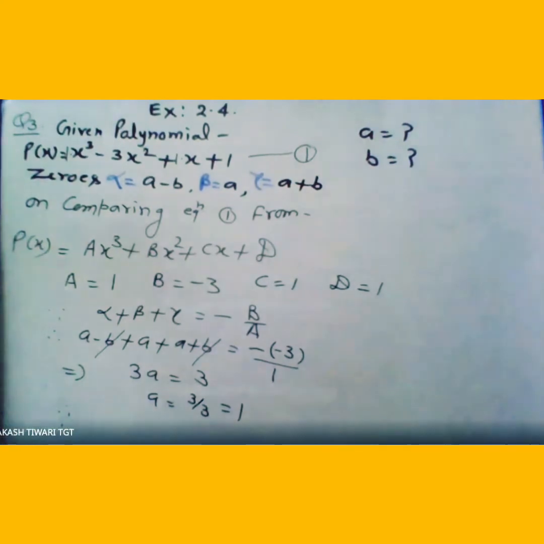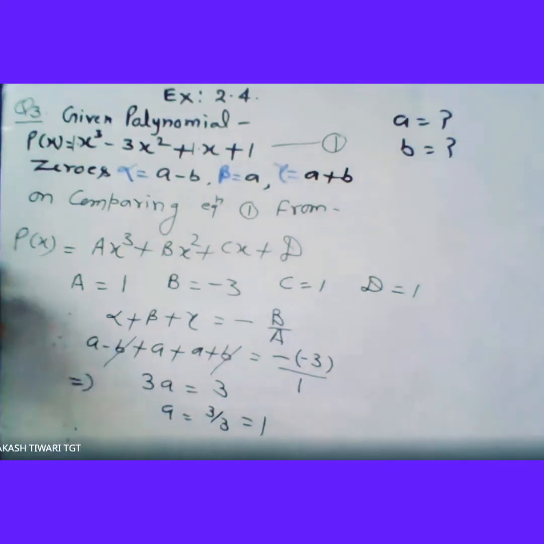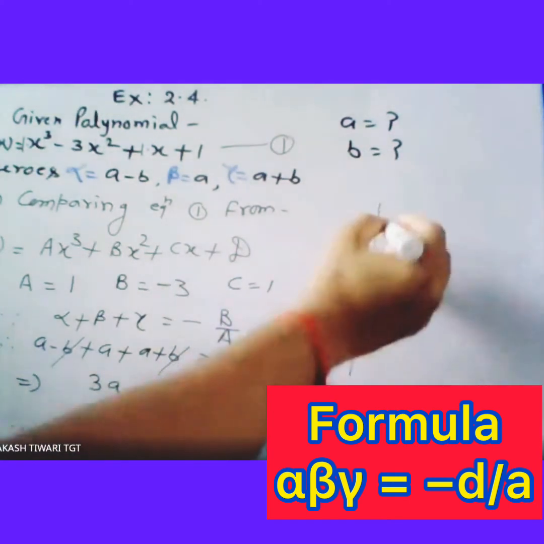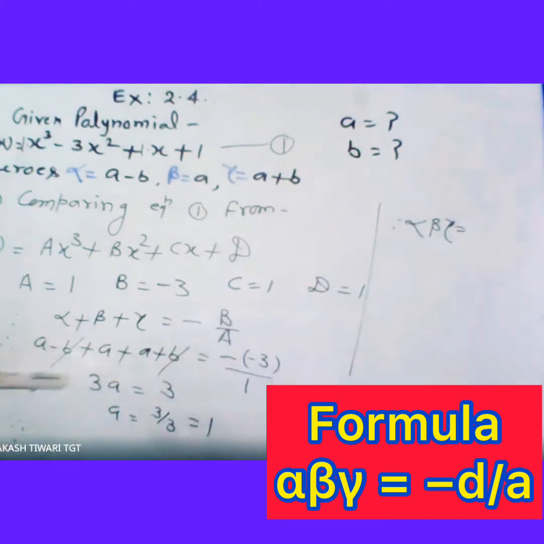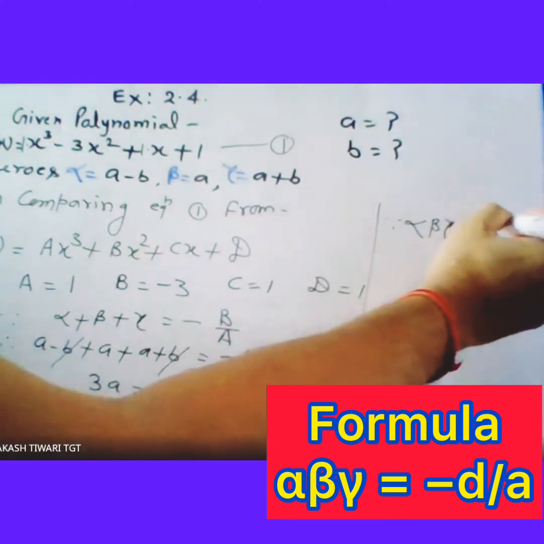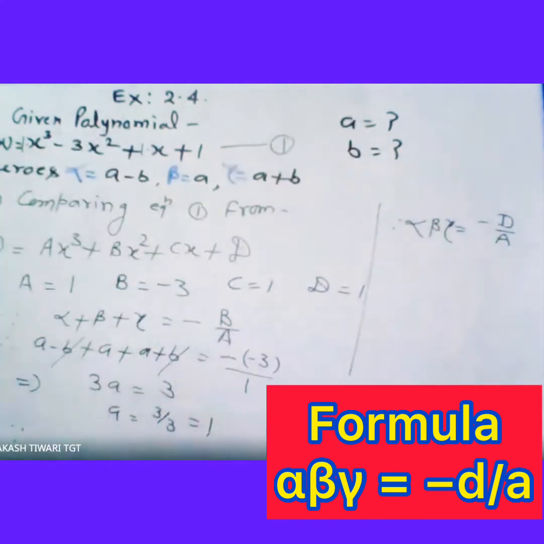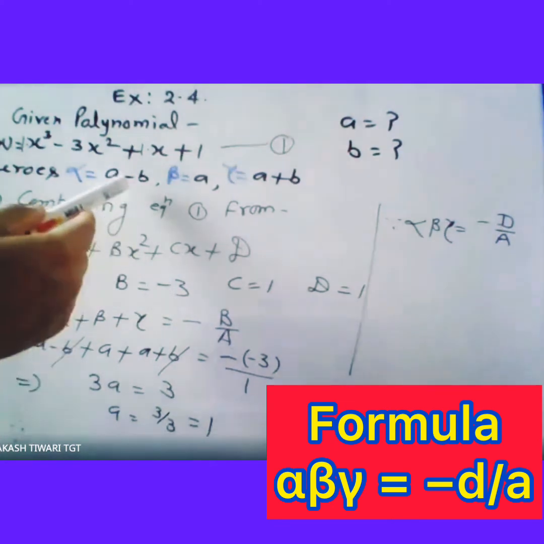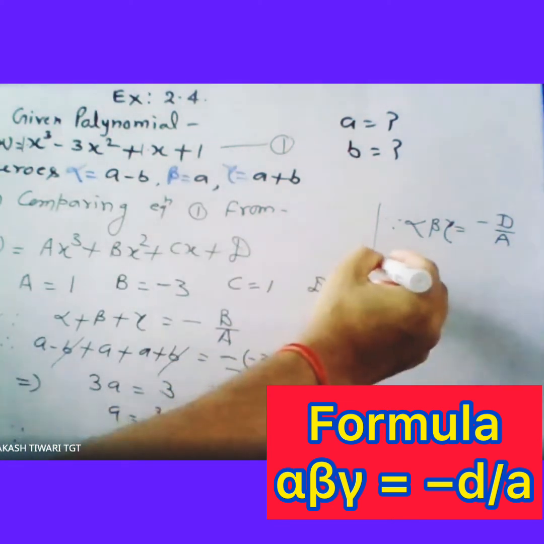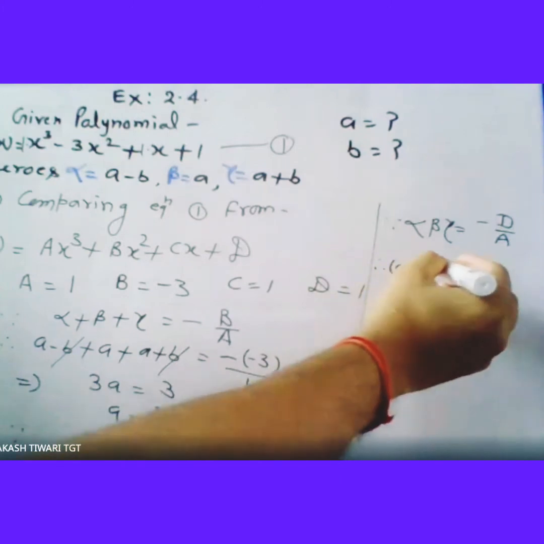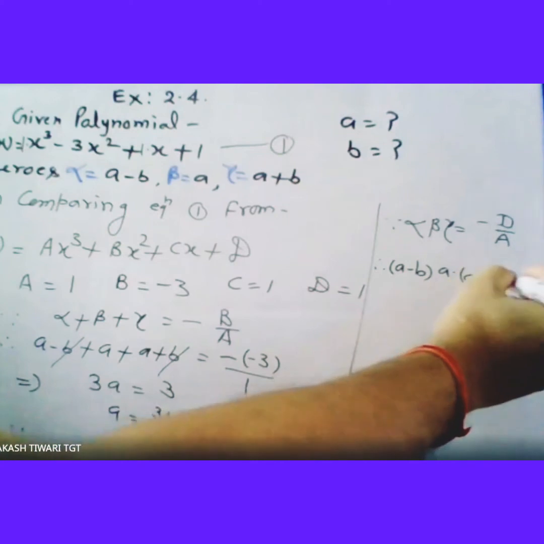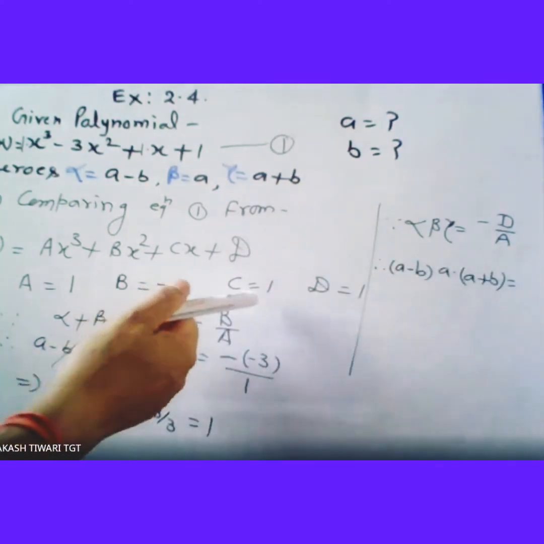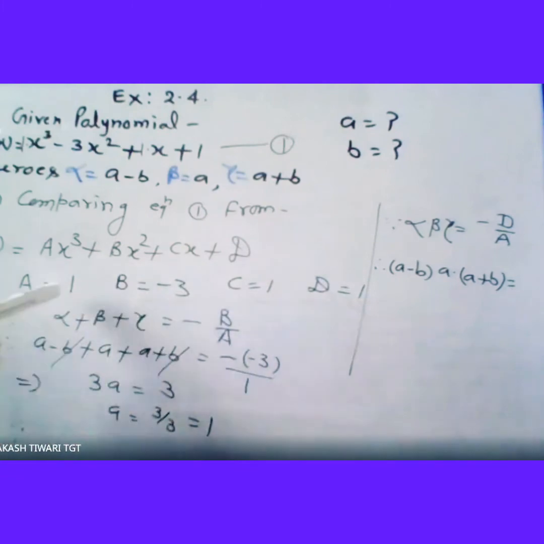Since alpha, beta, gamma equal to, you know, minus D upon A, capital D upon capital A. So now again put the value, that is alpha is A minus B, beta is A and gamma is A plus B. And minus D, dear, you see D equal to 1 and A equal to also 1.